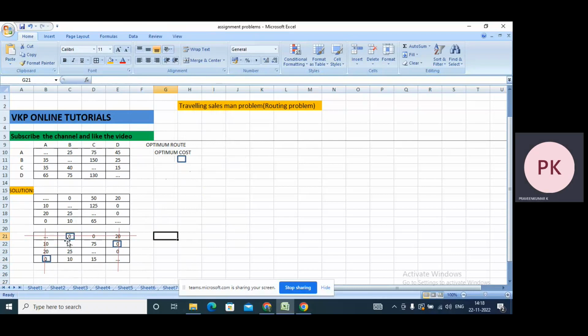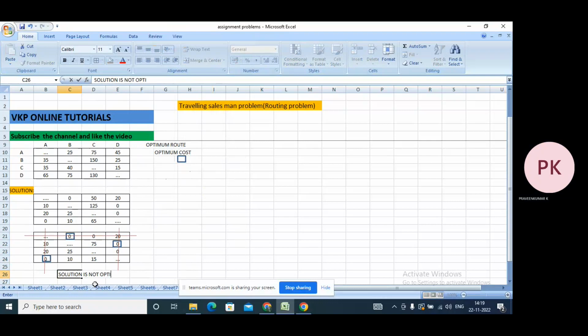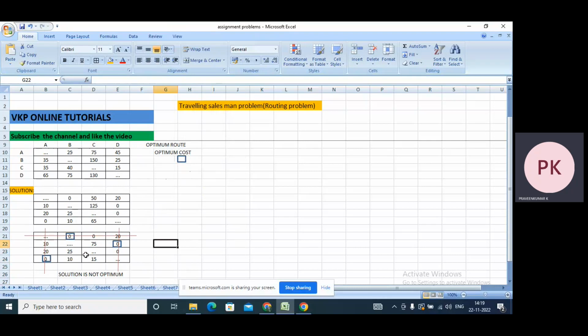So in this case, the number of allocations is 3, but the size of the matrix is 4. Therefore, the solution is not optimum, because the number of allocations is not equal to the size of the matrix.